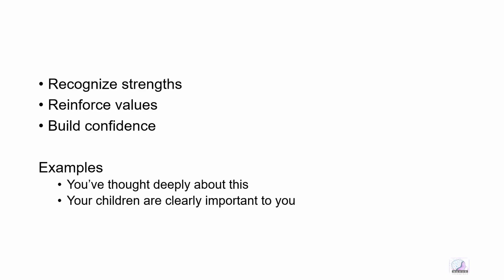Or something like, your children are clearly important to you. So if we're doing a counseling skills class, we'll say that this is a reflection of meaning. So when a person talks, you're connecting it to something that clearly means a lot to them. Okay, so that's the second part to open-ended questioning.